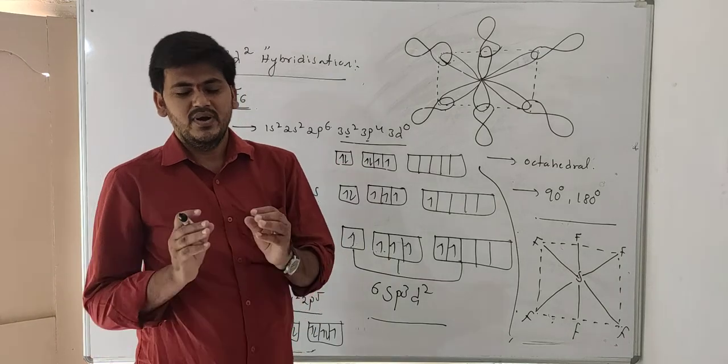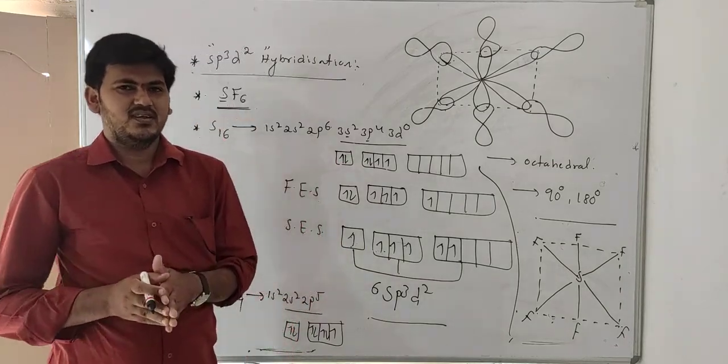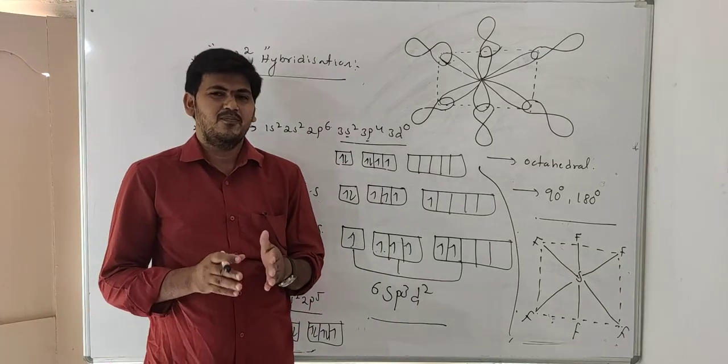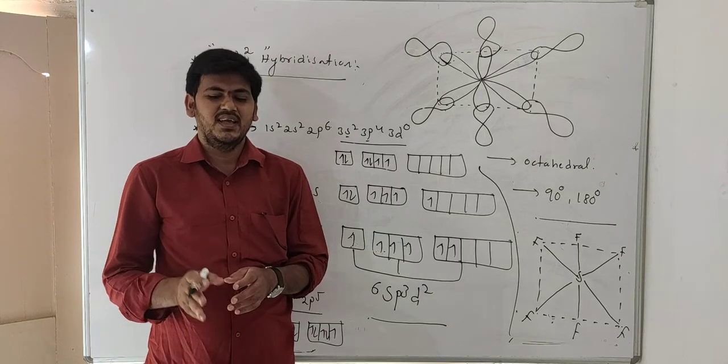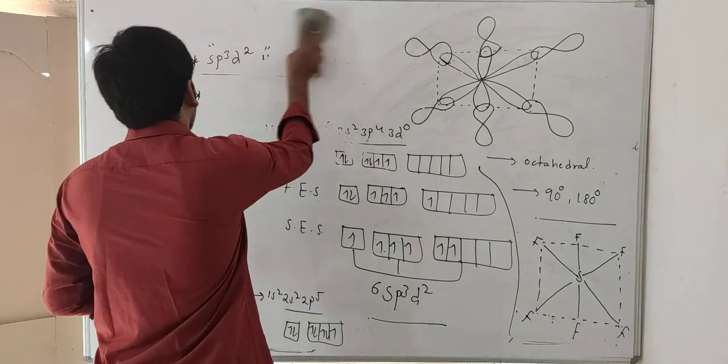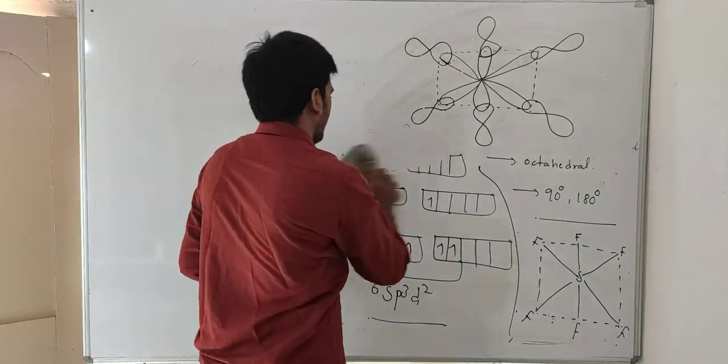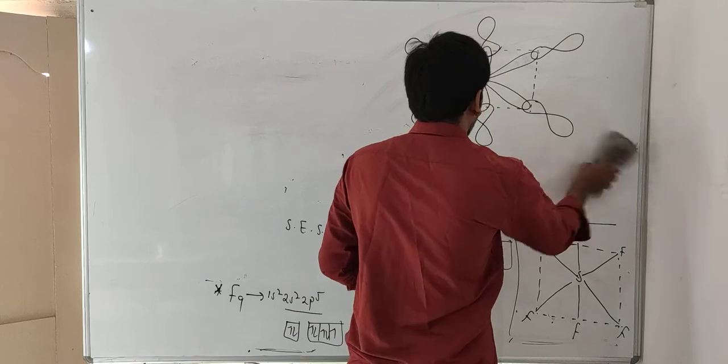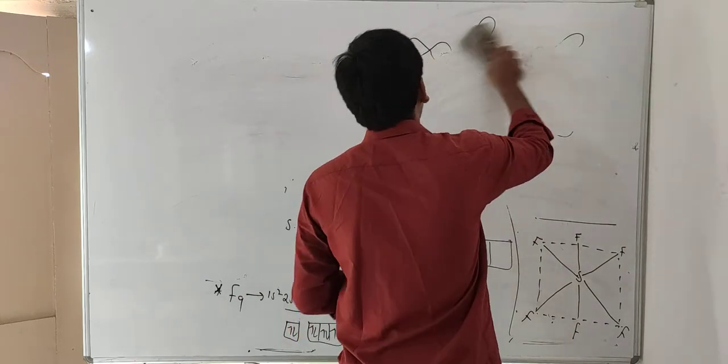Now, what is meant by hybridization, and what are the types of hybridization? sp, sp2, sp3, sp3d, and sp3d2.